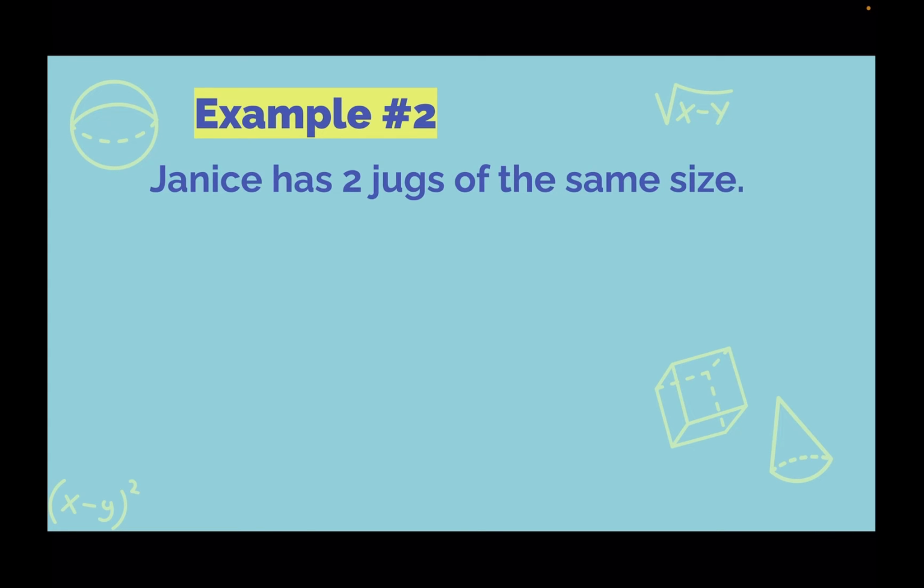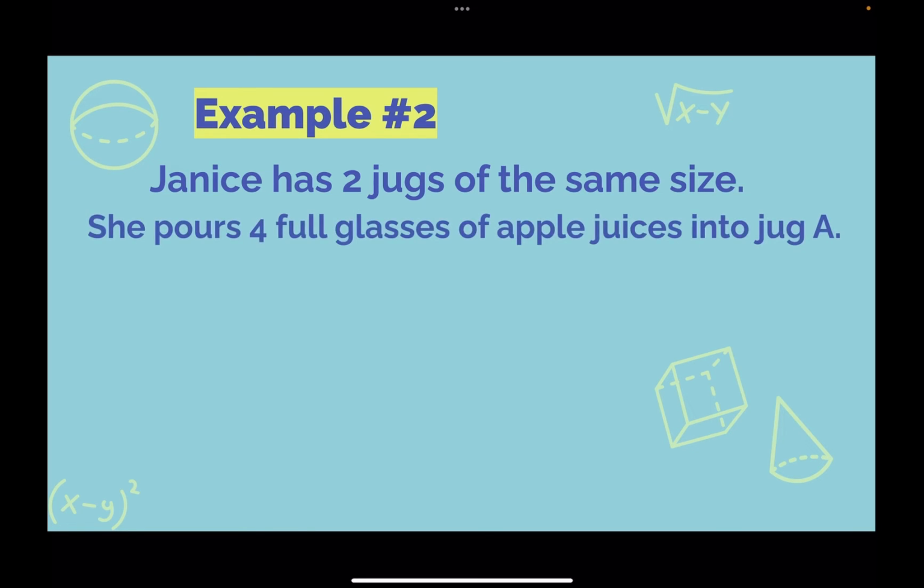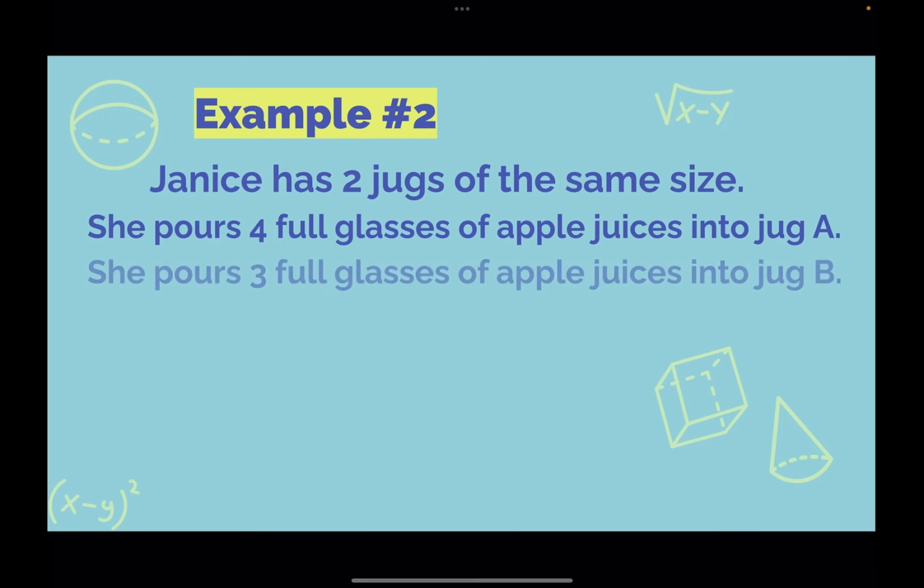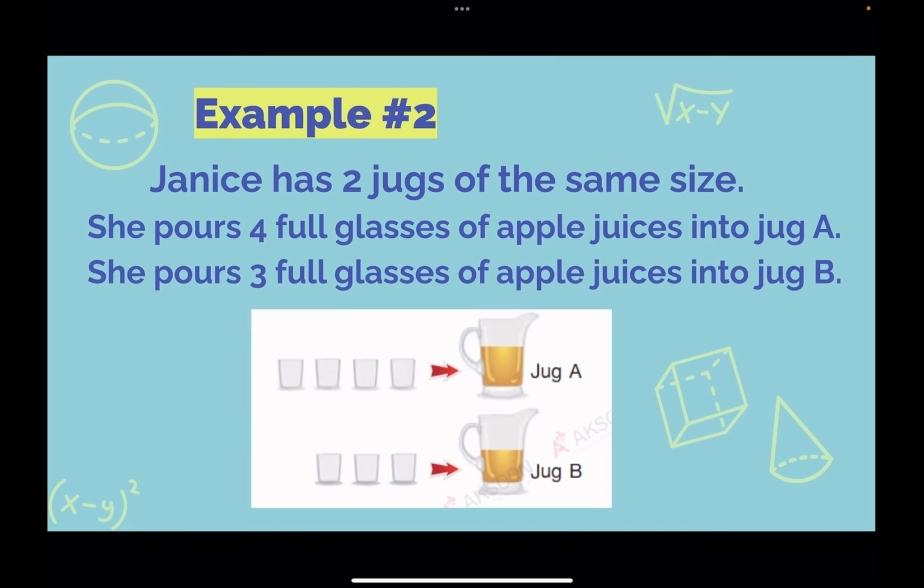So for example, I have 2 jugs of the same size. And then for jug A, she pours 4 full glasses of apple juice. And then she pours 3 full glasses of apple juice in jug B. So we have jug A with 4 full glasses, and jug B with 3 full glasses.